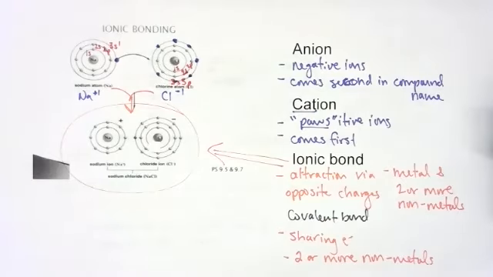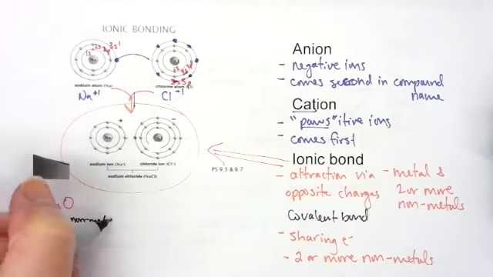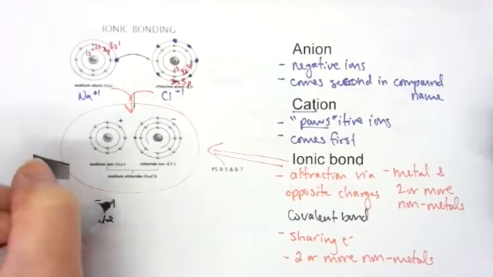So let's look at some examples. All right, let's take CaO. The first thing we have to ask is, is this ionic or is this covalent? Well, calcium is a metal, and oxygen is a nonmetal, so this is going to be an ionic compound.